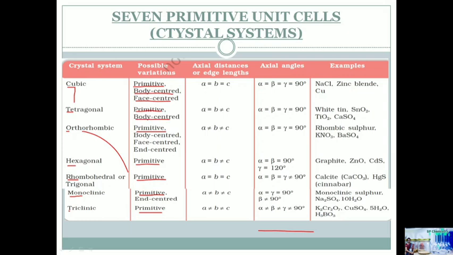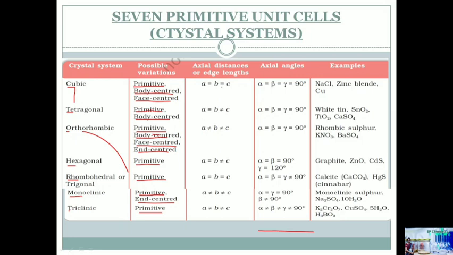Then orthorhombic has all the possible variations, 4: primitive, body centered, face centered, and end centered. Primitive is present in all, then only monoclinic has end centered. We will end here with monoclinic. In this way you can remember.